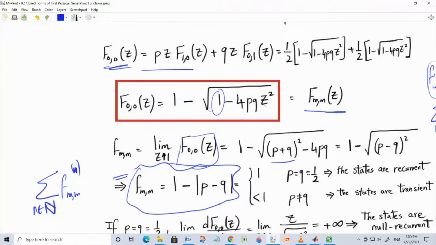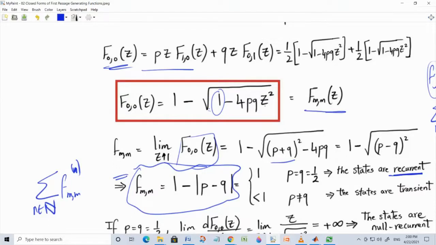Now, in the case in which p equals q equals 1/2, what is the mean recurrence time? Because now I want to take it a step further, and rather than just saying that the states are recurrent, I want to say that the states are positive recurrent or null recurrent.